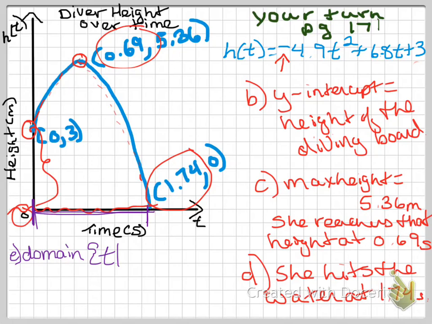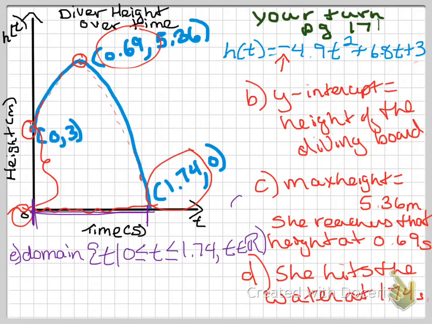Okay, we put our line there. We know that it has to be greater than 0, but less than 1.74. So we write that by saying 0 less than or equal to our t value, which is less than or equal to 1.74. Okay, and t is any real number.